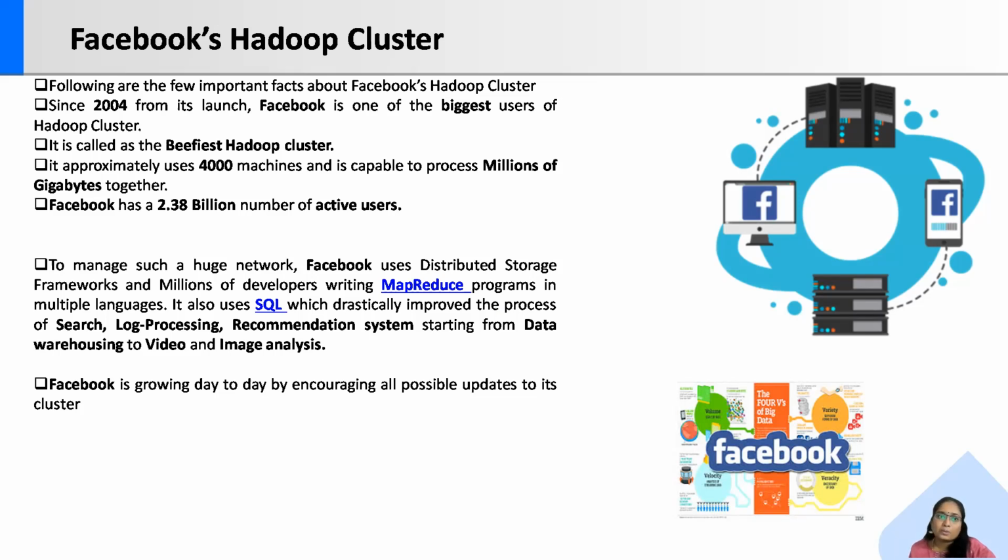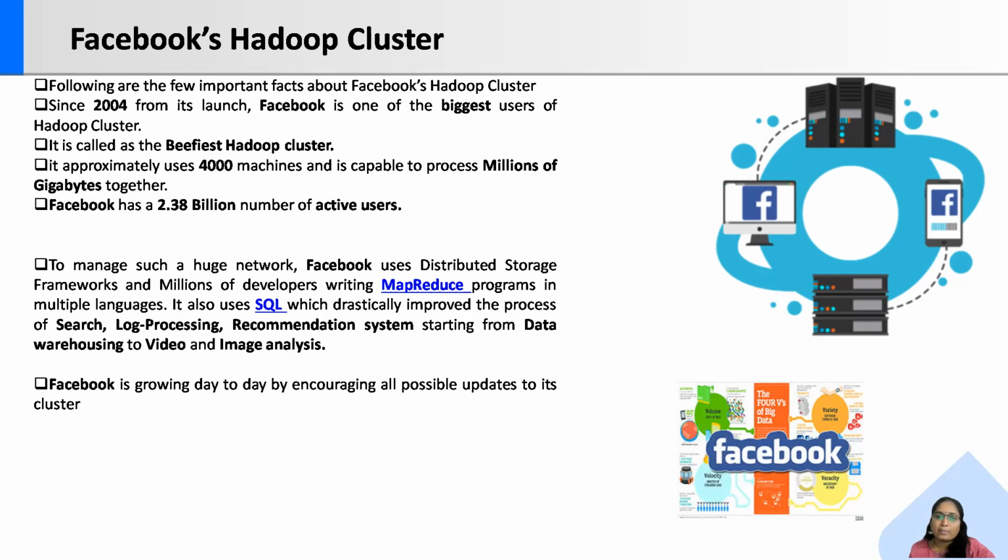We know that Facebook has millions of users, for example 2.3 billion active users. To manage that set of users, we definitely need to manage the storage as well as process the activities with the help of Hadoop clusters with commodity hardware instead of spending on huge servers. To manage such a huge network, Facebook uses distributed storage frameworks.